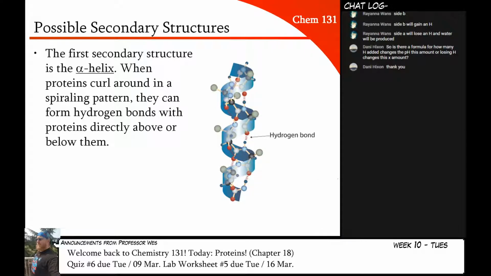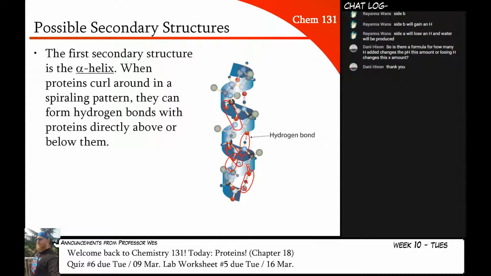Now, unfortunately, this is kind of the best picture I could find. But as you can see here, let me draw over this with my pen. So here's my nitrogen. Here's the hydrogen connected to it. Here's C double bond O. And I can point that hydrogen in such an orientation that I can make these links between different parts of the protein.